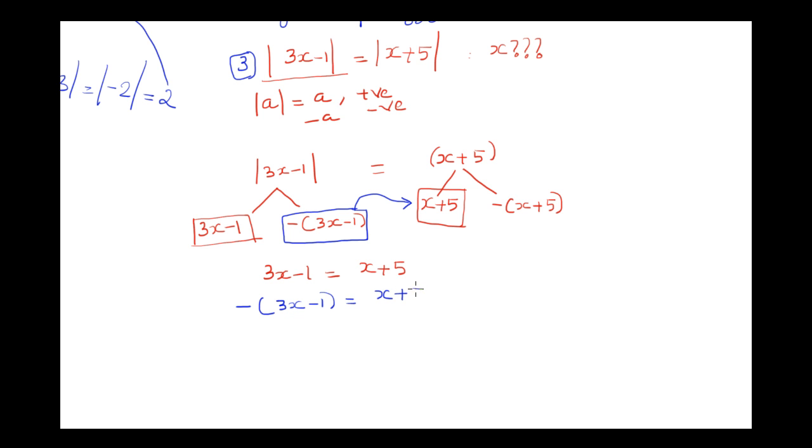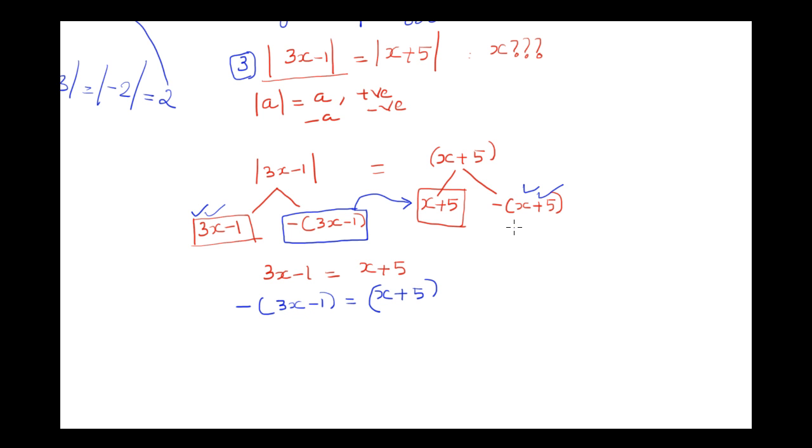Now, the third possibility is a relation between this term and this term, that is 3x minus 1 is equal to minus of x plus 5. But that is already covered here, and you will get the same result.